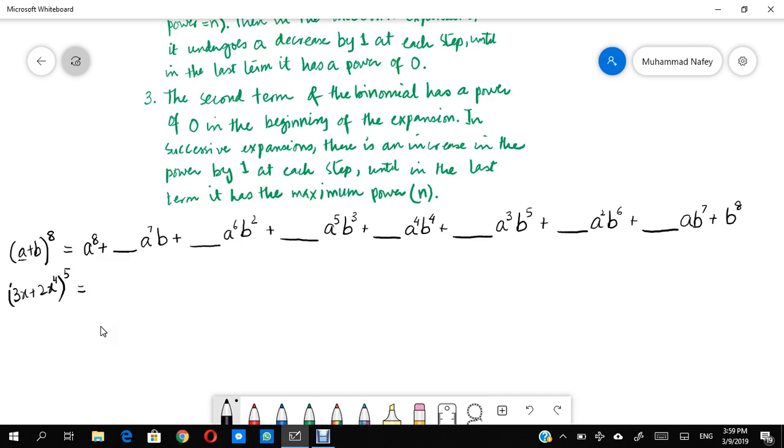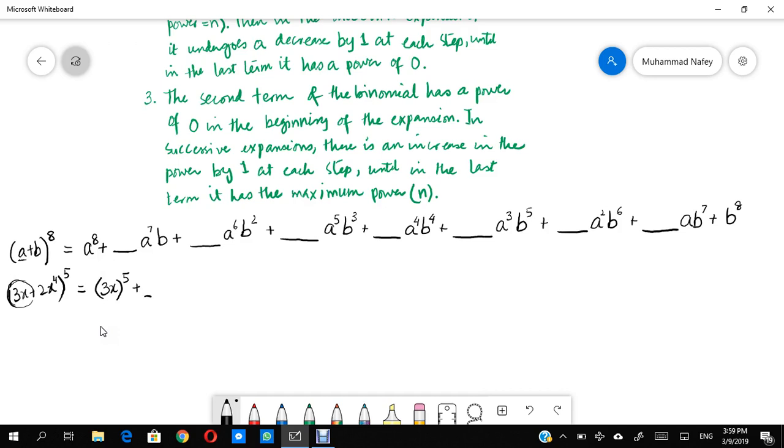The first term of the binomial this time is this entire 3x. So the maximum power would be applied to this entire 3x. So it's always safer that while expanding, you make good use of brackets. So how will I go about it? I'll keep 3x in brackets and give a power of 5 to this entire bracket.